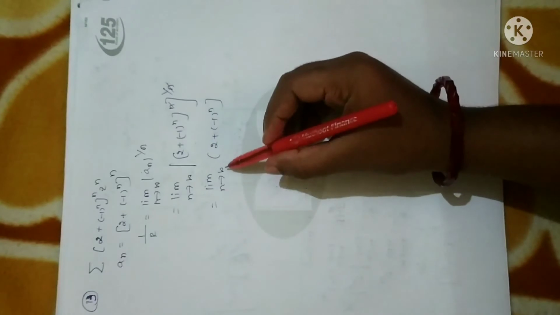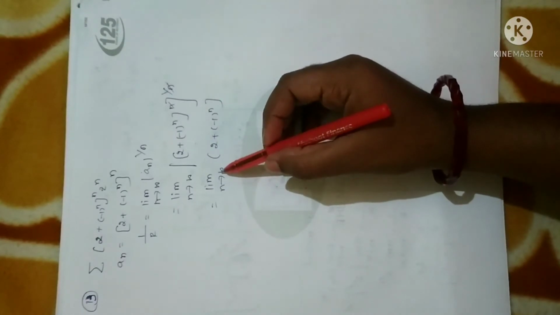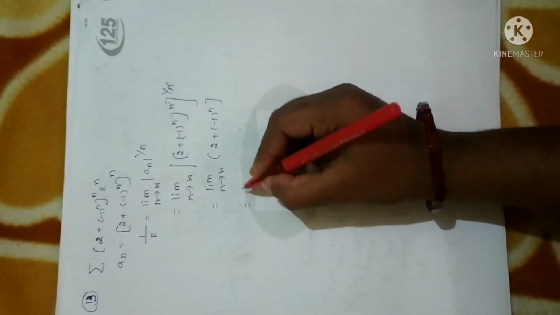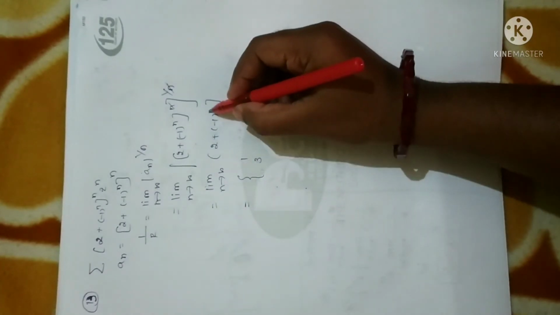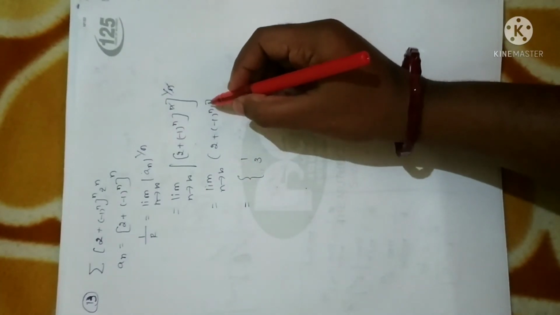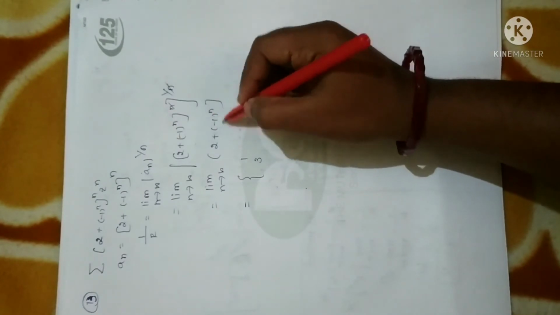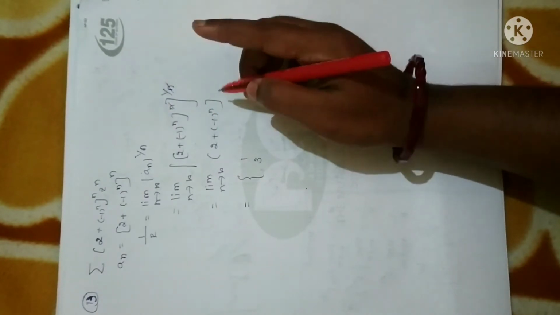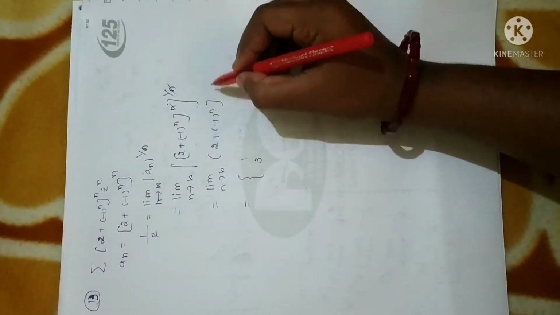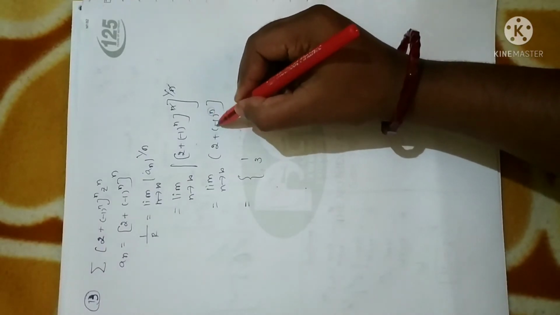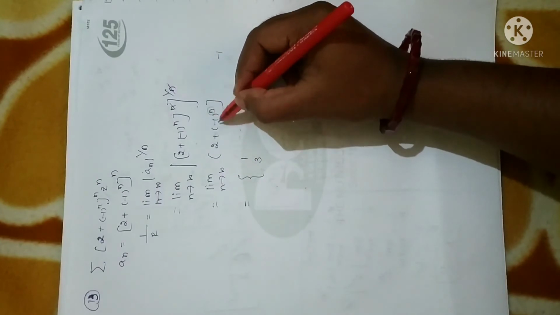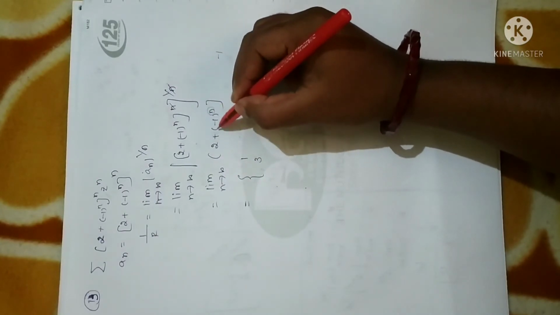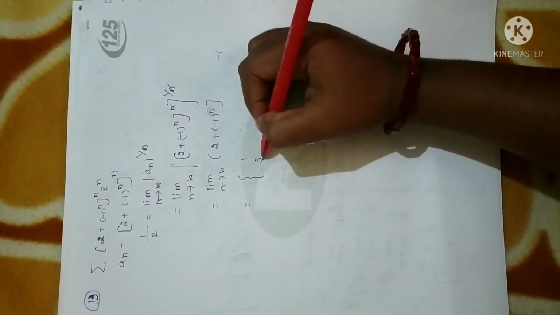And now if you are going to put n as infinity, there will be two cases. You will get either 1 or 3. When n is odd, you will get a minus, so 2 minus 1 will be 1. If n is even, you will get a positive number, so plus 1 plus 2 is 3.